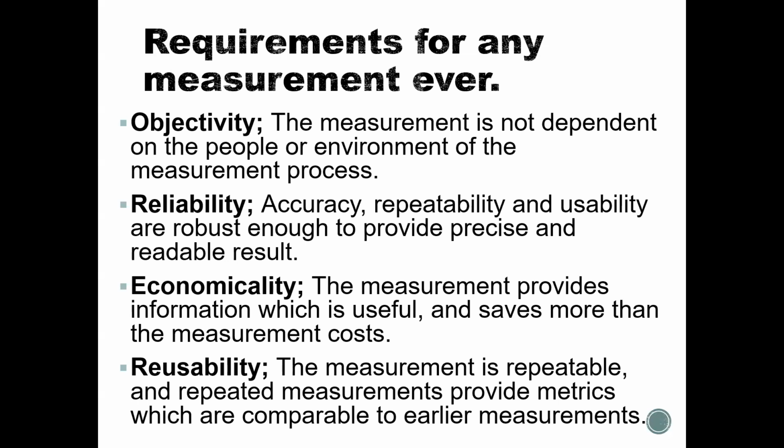The second thing is that the product you are going to develop should be accurate and repeatable, because once you do the repetition, you can get consistency and understand the reliability of the whole software, and ultimately it is going to give you the overall usability and robustness of the whole software.